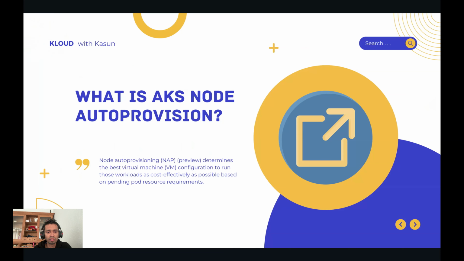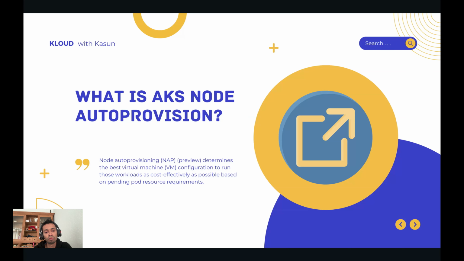So what is AKS Node Auto-Provisioner? It is basically a service that provisions your AKS cluster nodes based on the demand and the requirement of the workloads. For example, let's assume that you have a workload which needs higher memory.